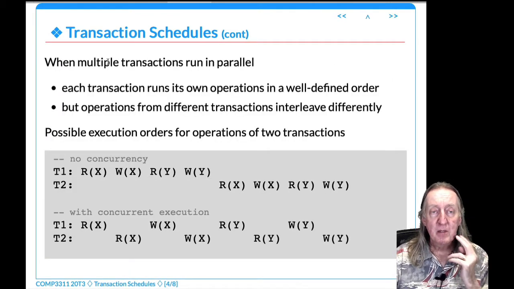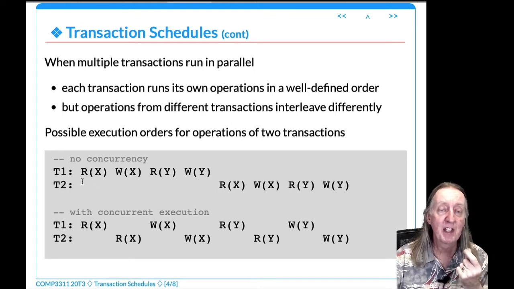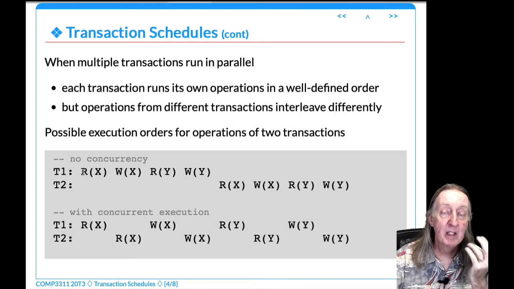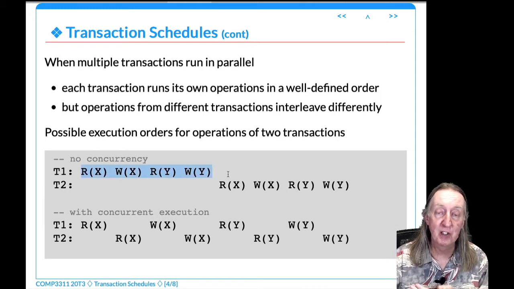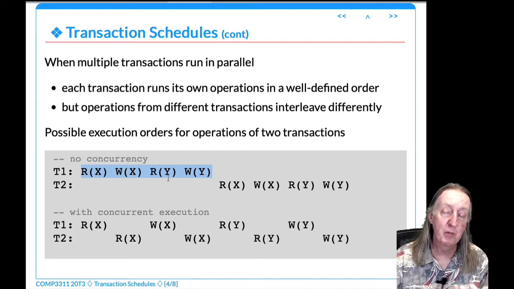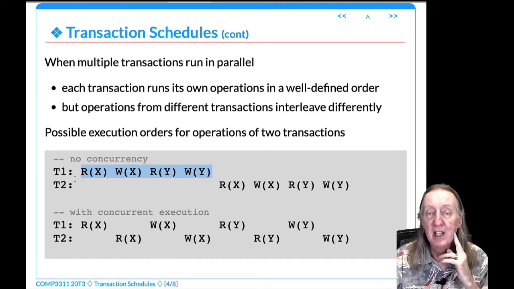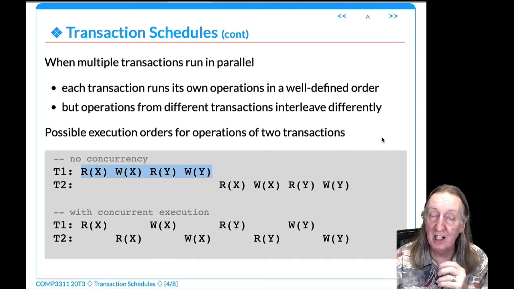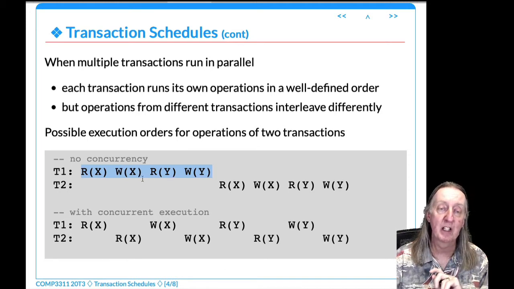Okay, so if we've got multiple transactions that run in parallel, each transaction, if you look at the order of operations that it does, is always going to be the same: read X, write X, read Y, write Y. If the same transaction happens to run concurrently, we might observe something like this, but the first example is when there's no concurrency.